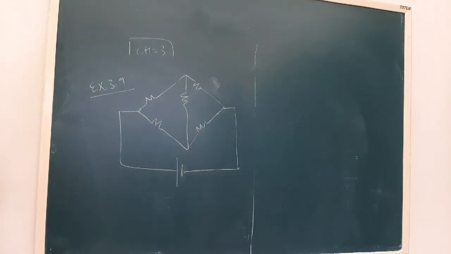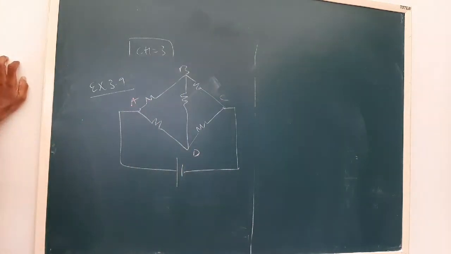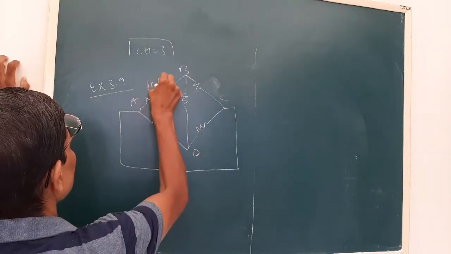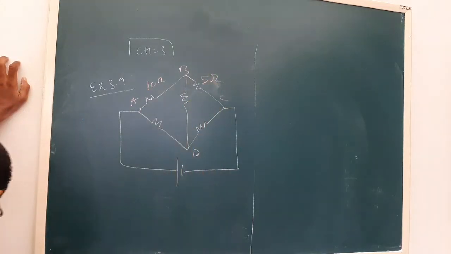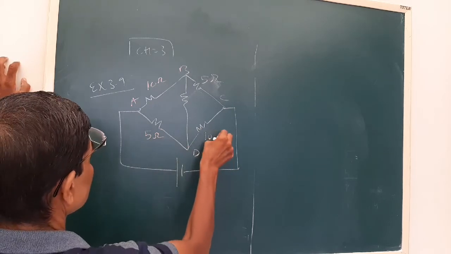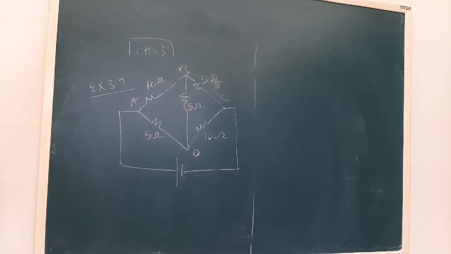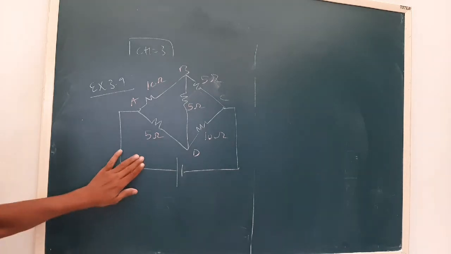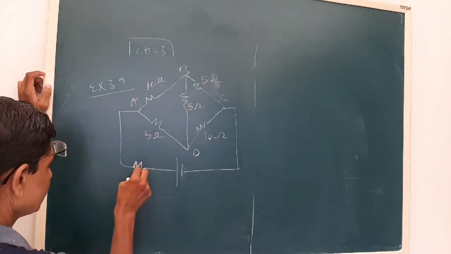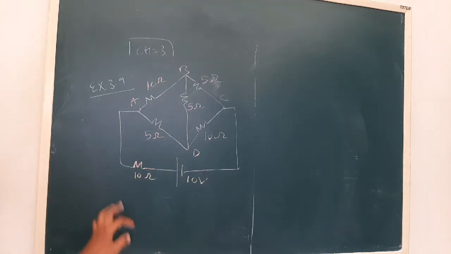The resistances are 10 ohm, 5 ohm. See, this is the circuit given, with a 10 volt battery and a 10 ohm resistor. We have to find out the current in each branch.